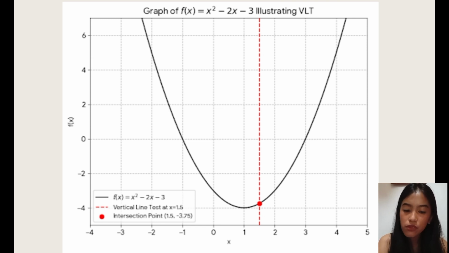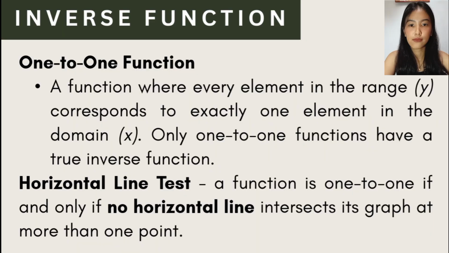The point of intersection is (1.5, -3.75). Also, at its vertex, it only intersects at the point (1, -4). So it is still a function because it satisfies the condition of the vertical line test.